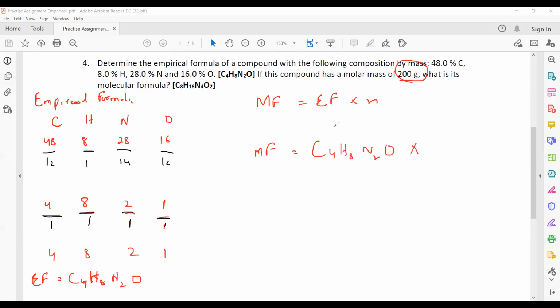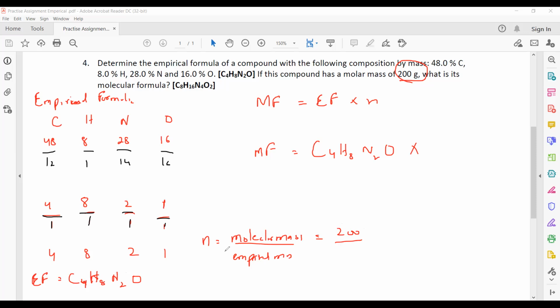How to get the value of n? We know n is equal to molecular mass divided by empirical mass. Molecular mass is 200. What about empirical mass? Empirical mass from empirical formula.